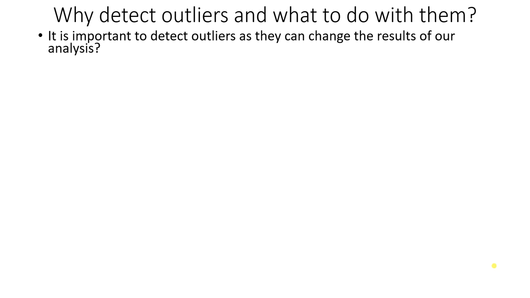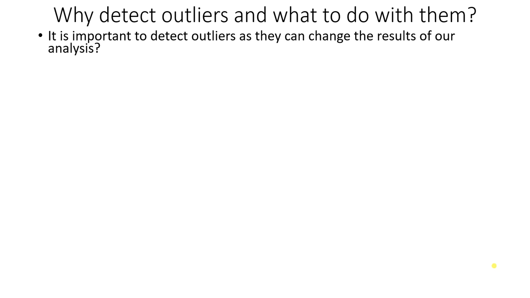Suppose I asked a few students what their daily pocket expense is, and most of them reported from rupees 10 to 50, and there are a few students who reported 500. If we compute the mean, then the mean will not represent the whole data set. That outlier will influence the results.